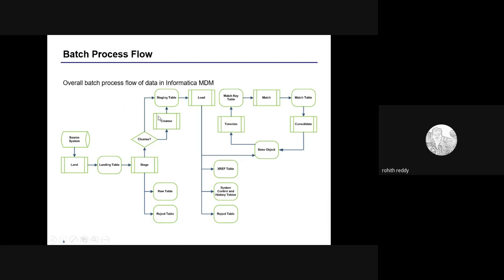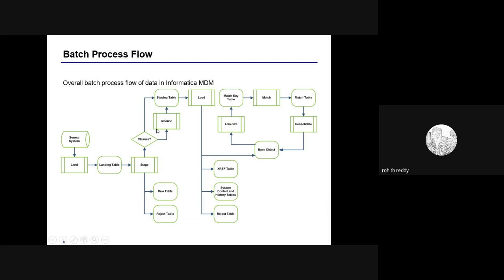In case any data rejections happen, that data will be loaded into the reject table. And if we have the audit trail enabled, the data will be loaded into the raw table automatically. This will be performed automatically by MDM.